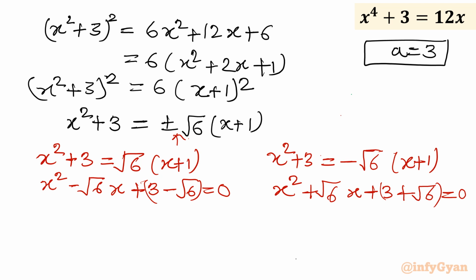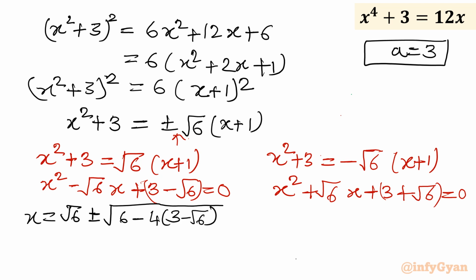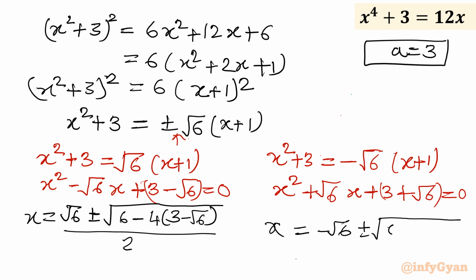I will write x is equal to minus b, so root 6, plus minus square root of b square, so 6, minus 4ac, 4 times 3 minus root 6, divided by 2a, so 2. Here also I will write x is equal to minus root 6 plus minus square root of b square, so 6, minus 4 times a is 1, c is 3 plus square root 6, divided by 2a, so 2.